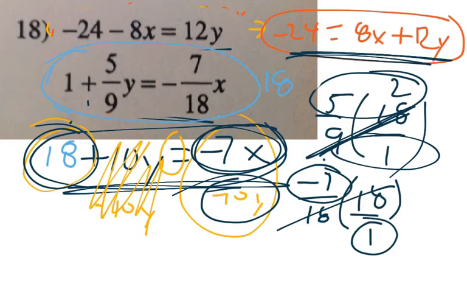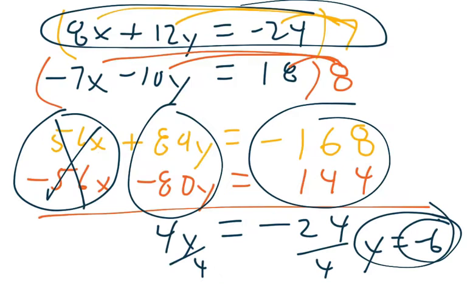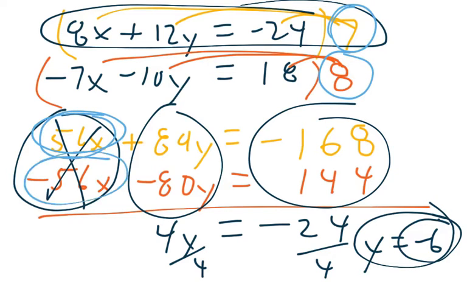You multiply by the common denominator, that's how you can get rid of all your fractions. And that's actually what we did first, before we rearranged it. And then on this page is where the real elimination method comes into effect. I multiplied by the 7 and the 8, knowing that I was going to get 56x minus 56x, and therefore eliminate the x, and therefore I could solve for y, and go on from there.